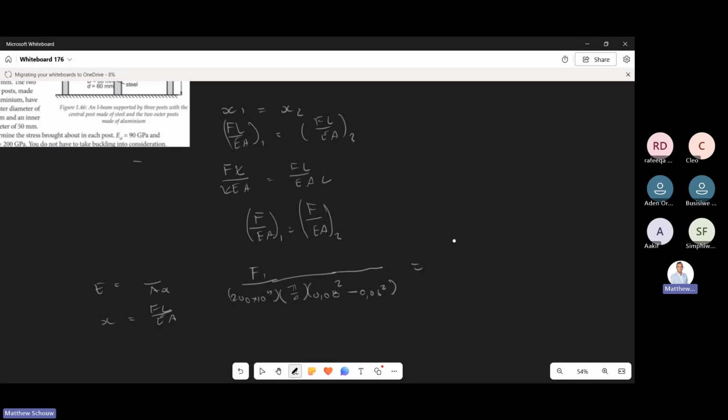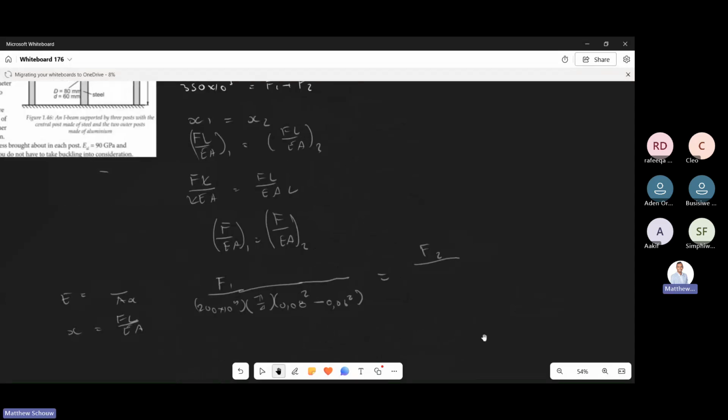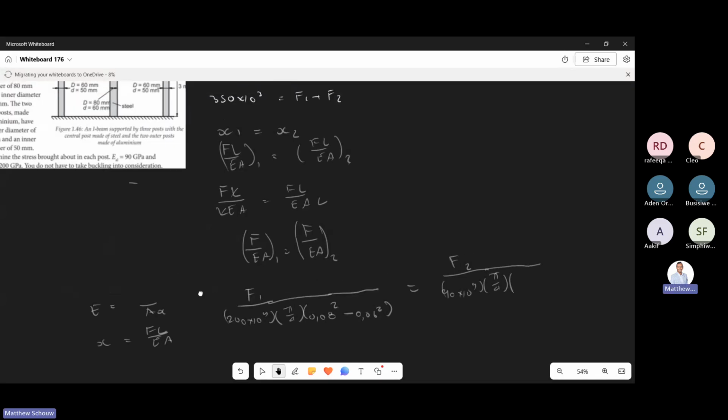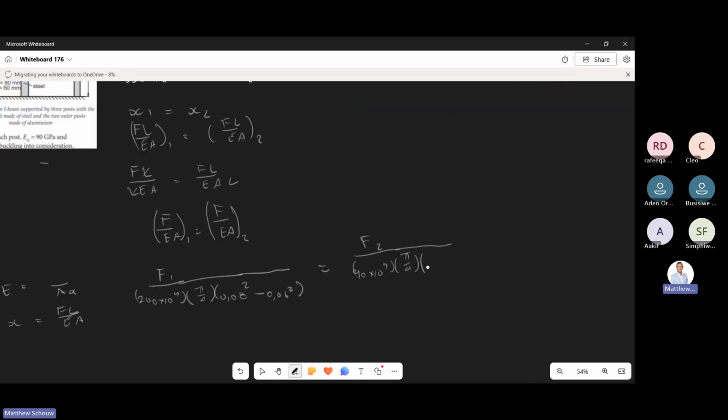And then we say equal to F2. That's going to be 90 gigapascals, which is on this side. And then it's going to be pi over 4, and then remember that it has its own dimension, which is 60 minus 50, so 0.06 squared minus 0.05 squared.